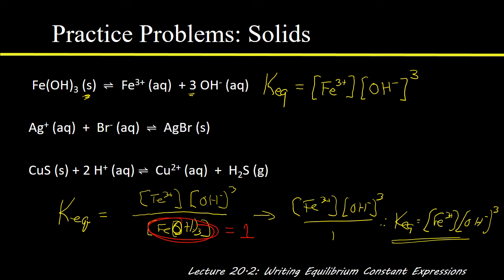Anyway, so this is what our equilibrium constant would look like for this first one. The iron hydroxide has basically just disappeared because when you put a 1 into a fraction, that 1 just disappears.